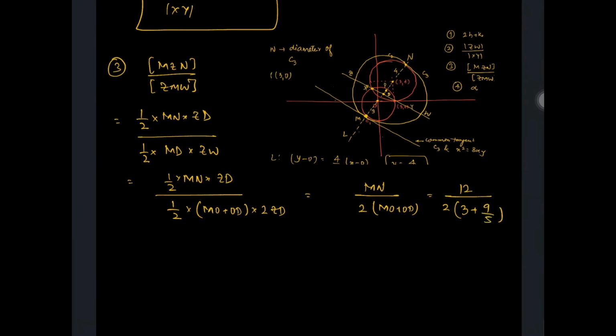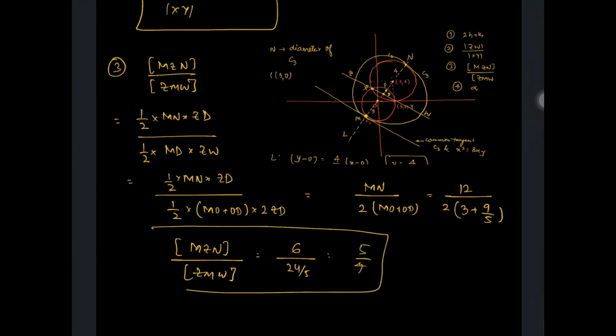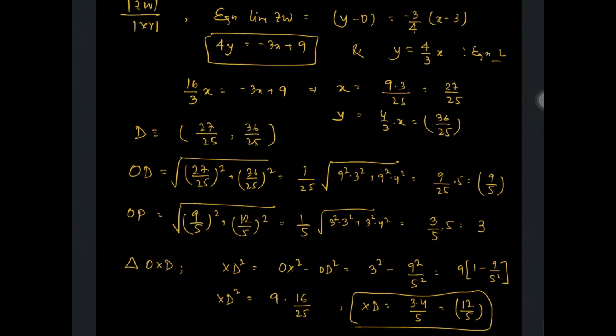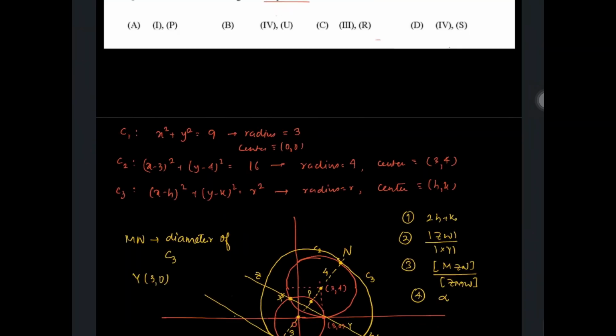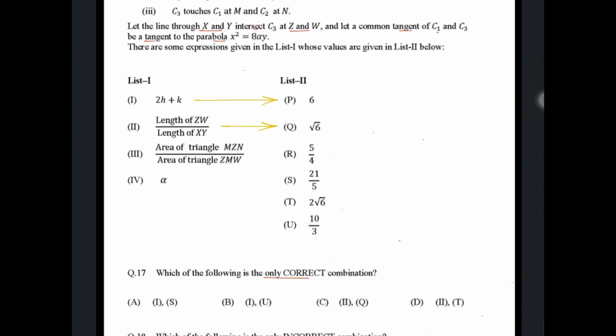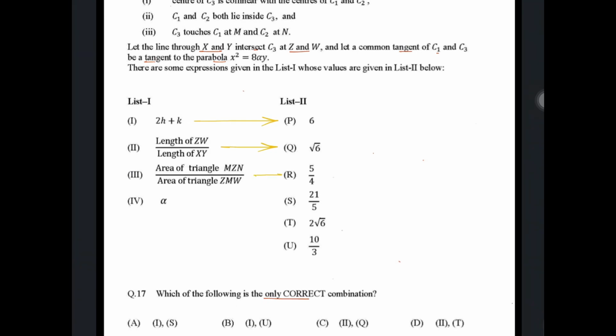So area of triangle MZN by area of triangle ZMW is 6 by 24 by 5, that is 5 by 4. So the area ratio is 5 by 4.